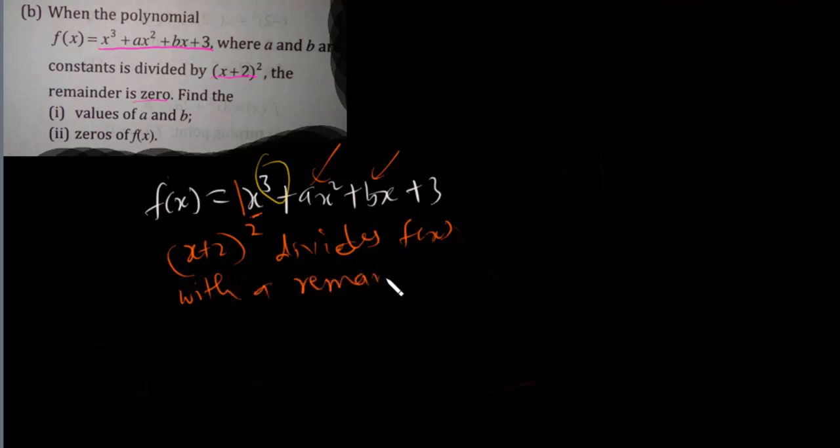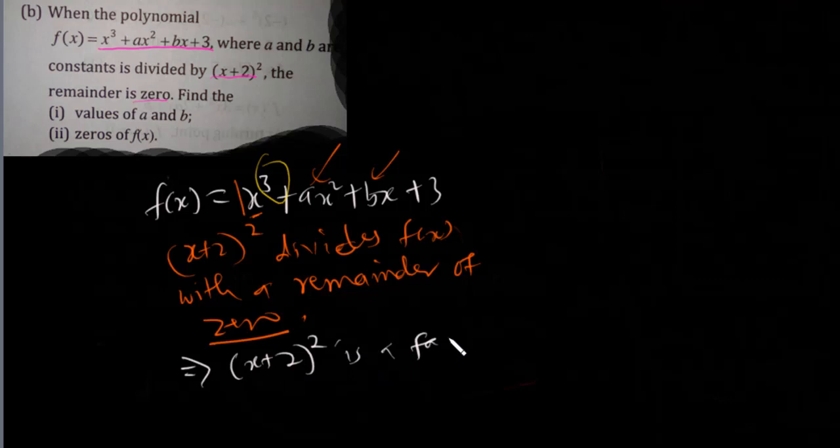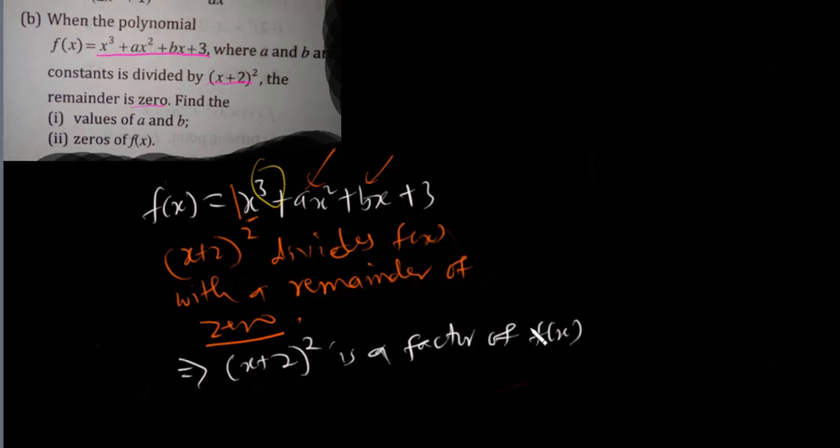I think this looks better. So when a quadratic divides a cubic function and the remainder is 0, it means (x + 2)^2 is a factor of f(x), and I think that is pretty much clear.